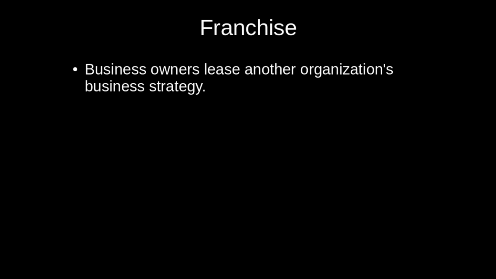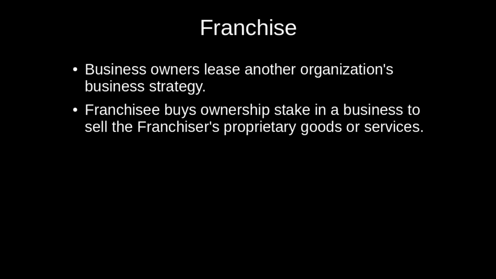Now the franchisor came up with a profitable business strategy, and the franchisee wants to pay in some money to take a part of that business strategy and take advantage of it. So that's basically they're buying the ability to provide proprietary goods or services from the franchisor's service catalog.